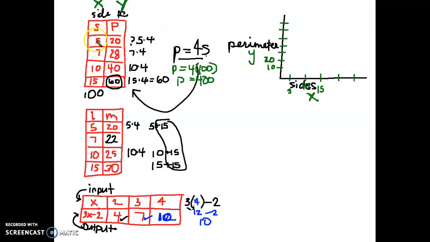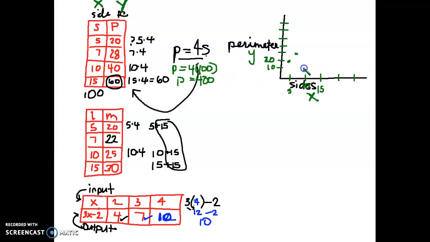When our sides are 5 and our perimeter is 20, we go over to 5 and up to 20. When our sides are 7, our perimeter is 28. Well, 7 lies about halfway between 5 and 10, and we go up almost to the top, between 20 and 30. When our sides are 10, our perimeter is 40.